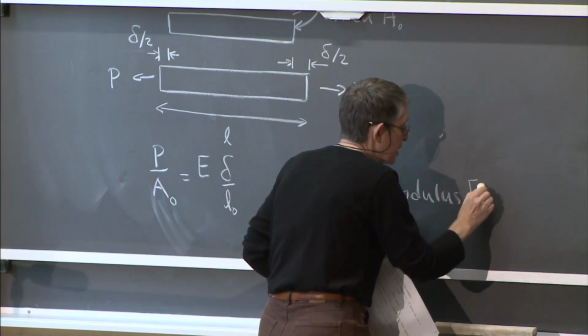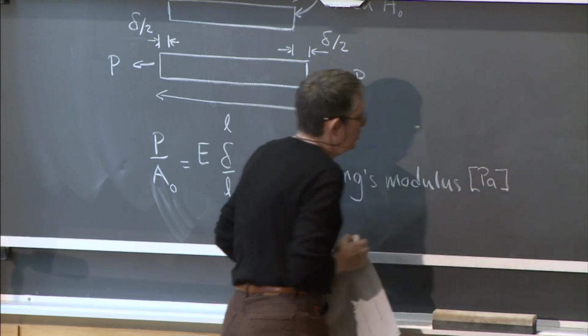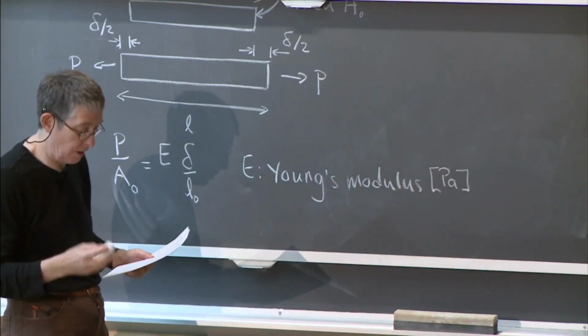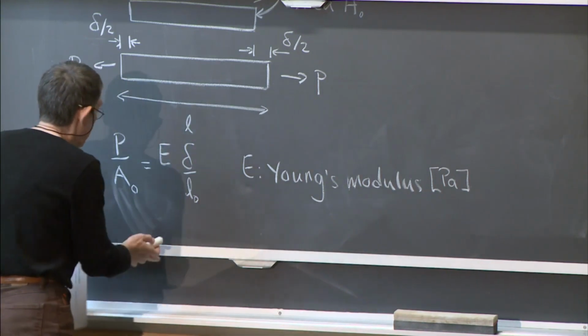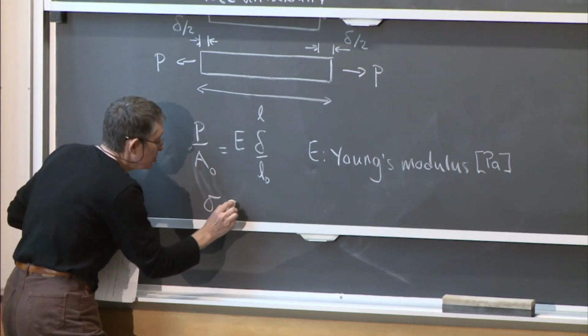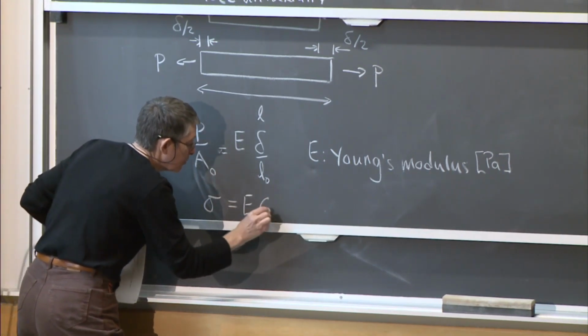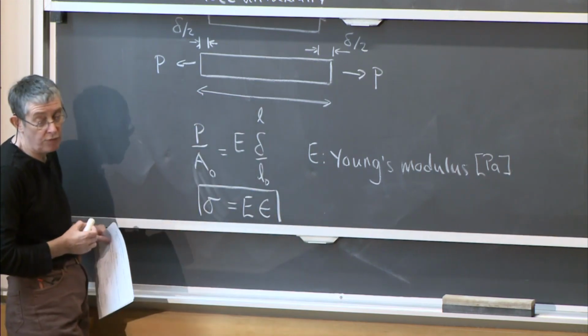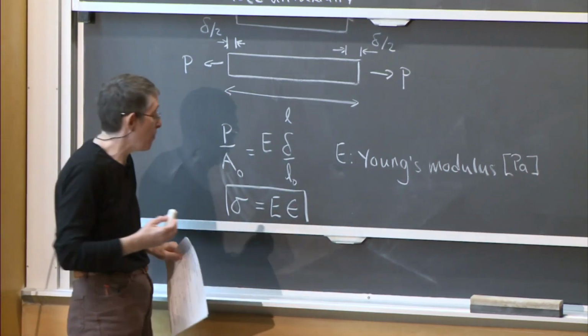And Young's modulus has units of Pascal, same as strength, and that's a measure of the stiffness of the material. And another way that I could write this equation here is just to say that stress is equal to E times strain. And that's Hooke's law for a linear elastic isotropic material.